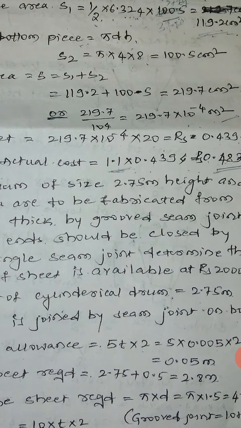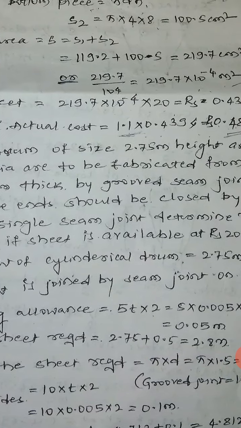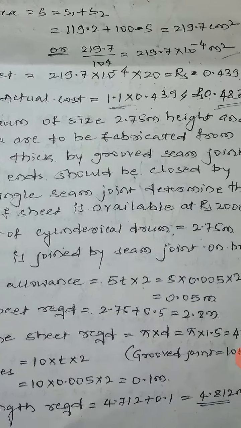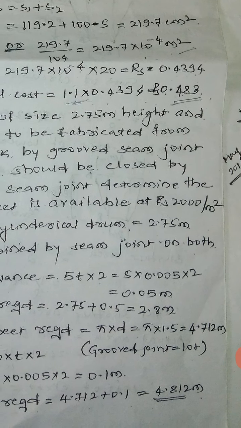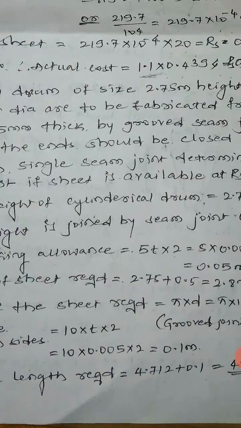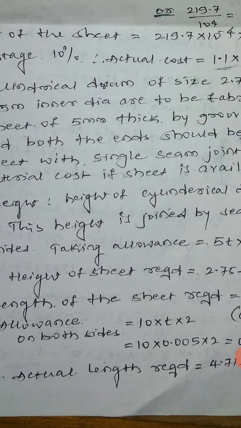The height of the cylindrical drum is 2.75 meter, and this height is joined by the seam joint on both sides. Taking the allowance as 5t into 2, that is 0.05 meter, the height of the sheet required is 2.75 plus 0.05, that is 2.8 meters.